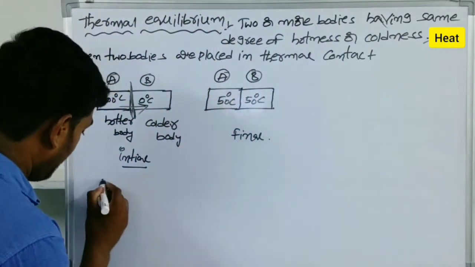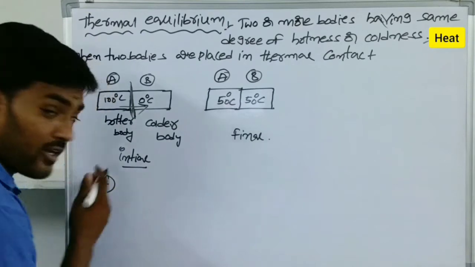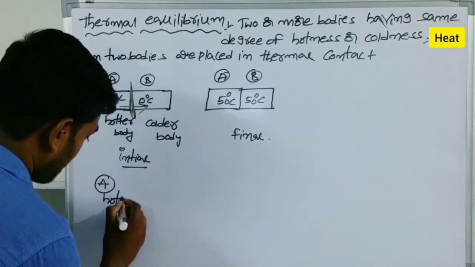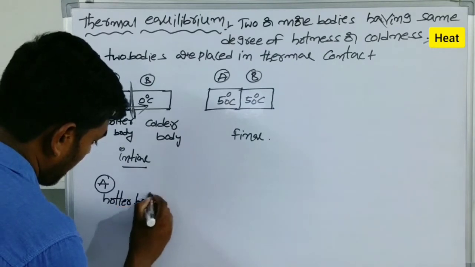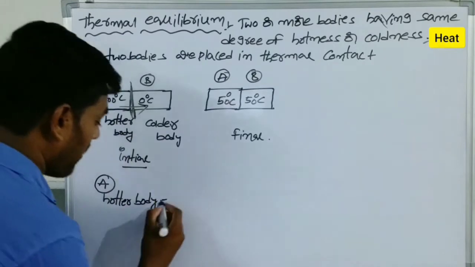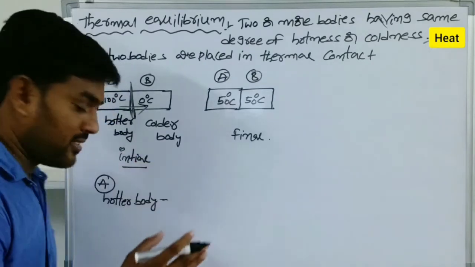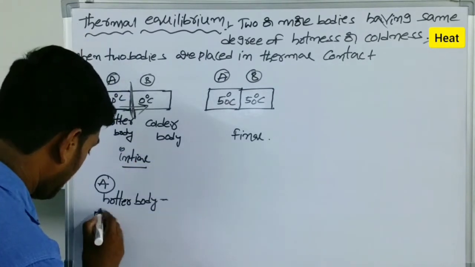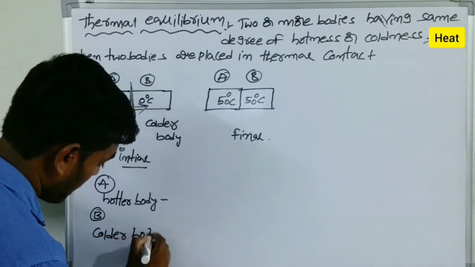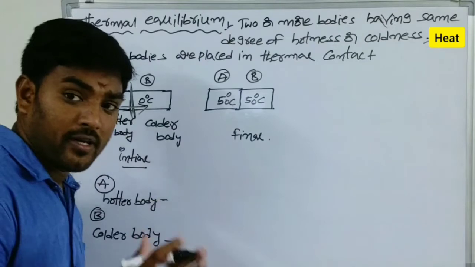A is the hotter body, meaning highest temperature, and B is the colder body, lowest temperature.